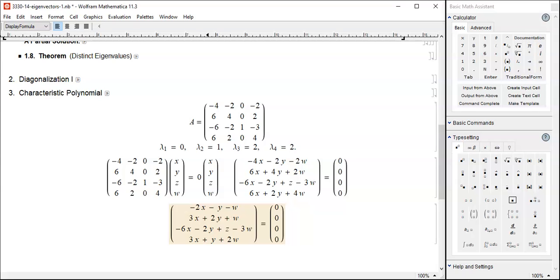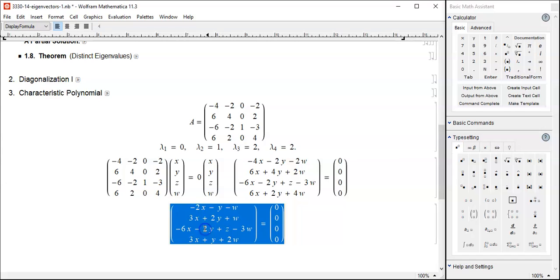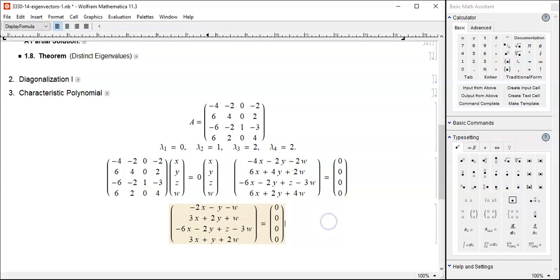Let's simplify this further. I can add the second row to the first row and eliminate w. Let's go ahead and do that.